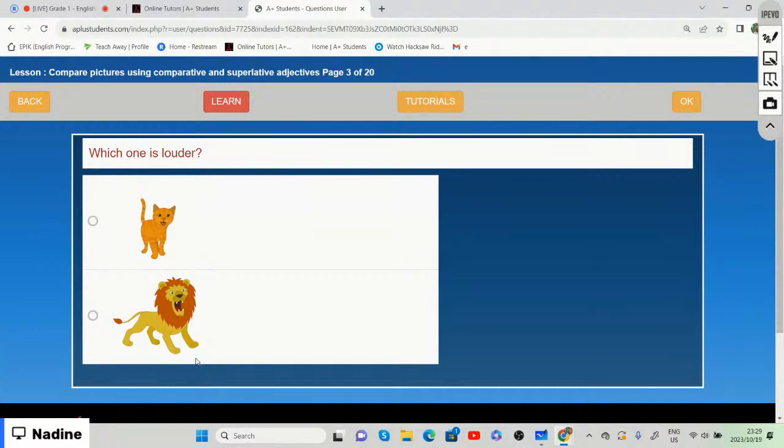If it either meows or roars, which one is loud in sound? All right, so if we look at the bottom one, which is the lion, yes, the lion is louder. So well done.